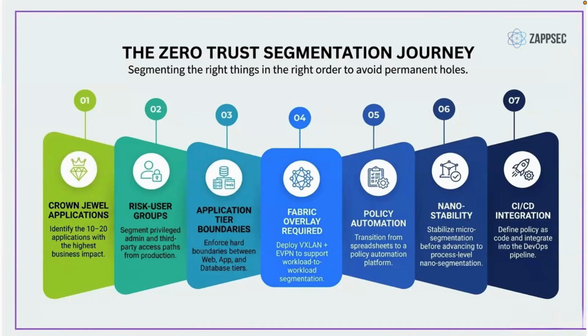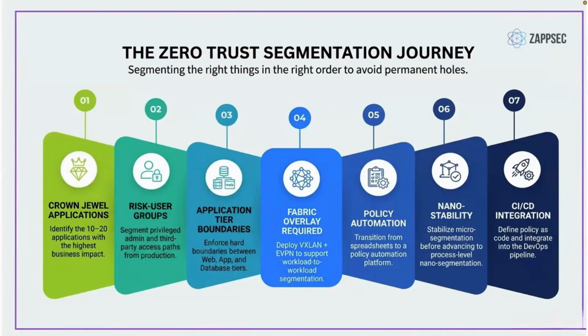In step 5, the policy automation platform: 500 VMs is over 120,000 unique policy pairs. Wow. Manual policy management above 50 segments is mathematically unsustainable.